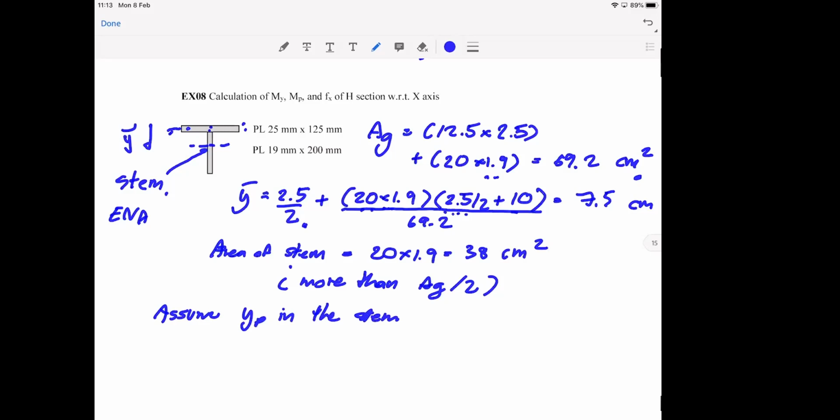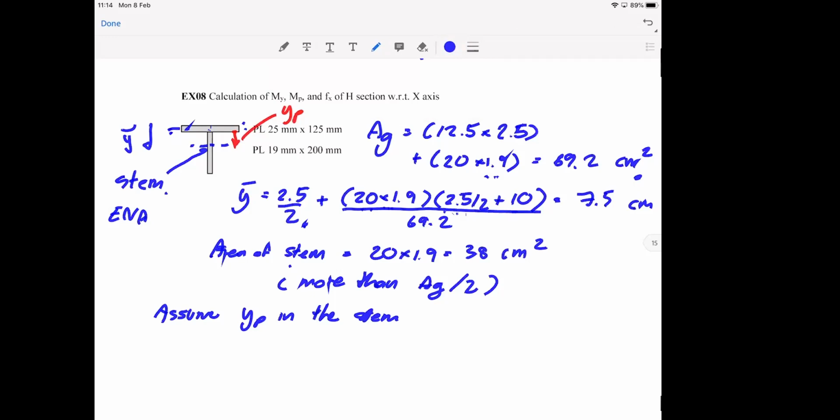Let's be consistent with what I did before so that I don't give myself a terrible headache. So let's call this distance Y_P. Somewhere there is the plastic neutral axis, which divides the area equally.